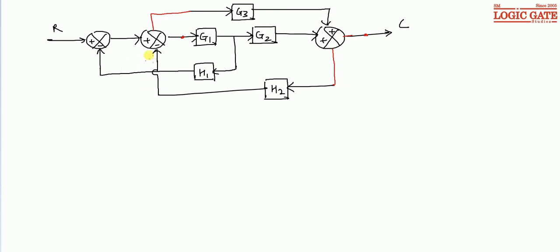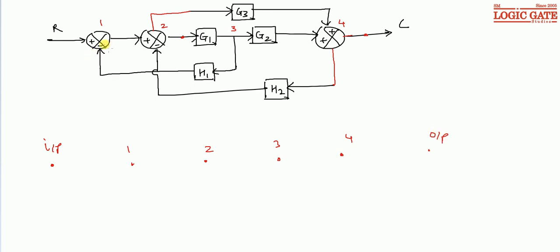Now we will count the takeoff points and mixers. 1 mixer, 2 mixer, this is takeoff point, and one more mixer. So 4 nodes, 1, 2, 3, 4, 4 mixers and takeoff points, and then 2 additional nodes as input and output node.